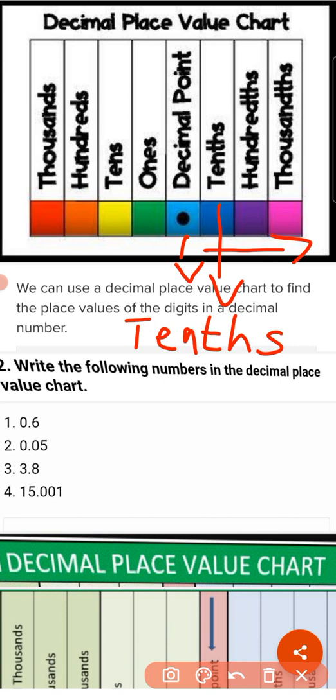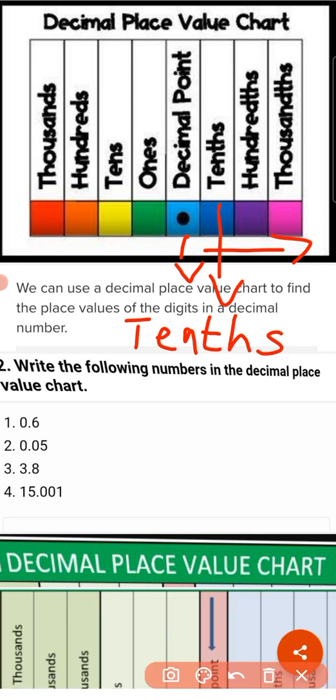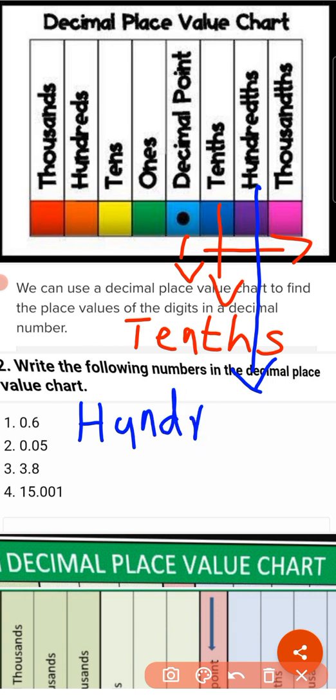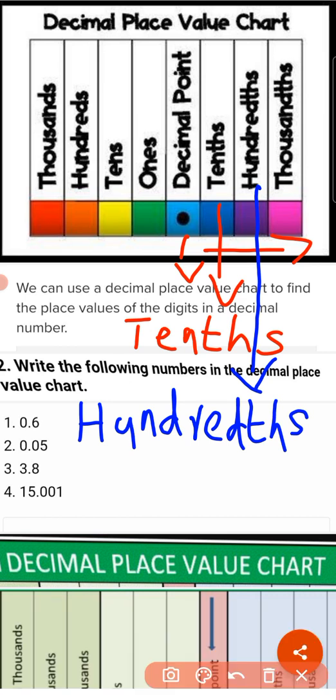If you move further to the right, the second place is hundredths, H-U-N-D-R-E-D, then write THS.